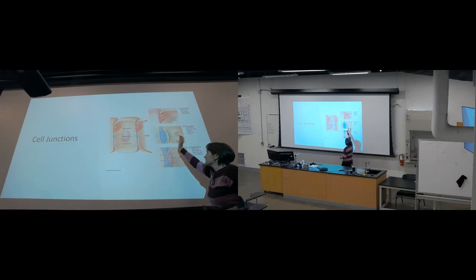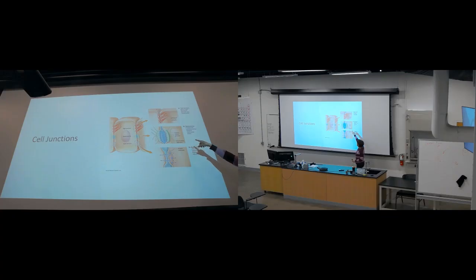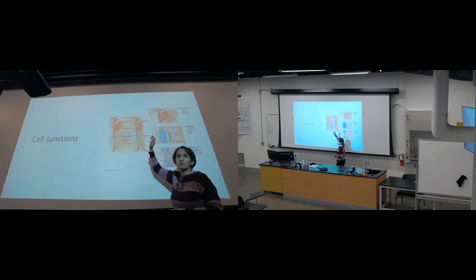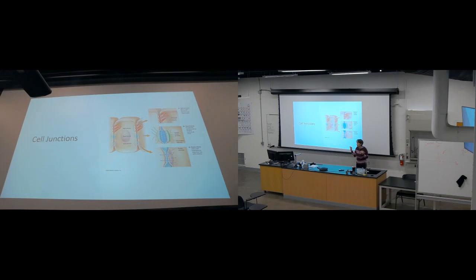They look like discs. These are abundant in skin cells together with the desmosomes. The tight junctions are abundant in our intestinal cells, because you want the nutrients that we ingest to go through the apical side into the cells. You don't want them to go in between the cells. So that's why we have a lot of tight junctions there.